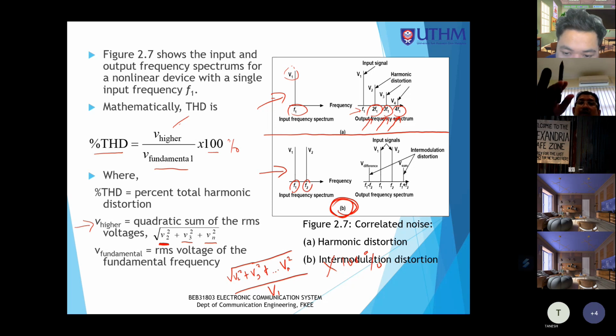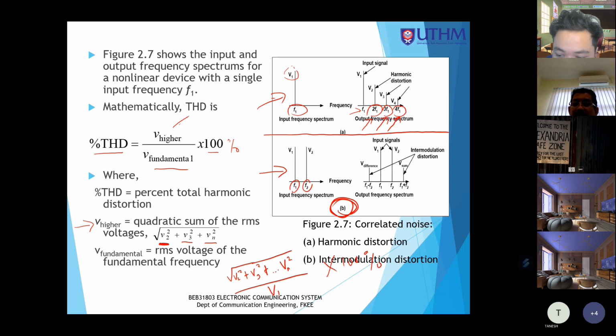So when it goes through the nonlinear amplification in an amplifier device, what happens is that it's going to produce harmonics. The harmonics can exist at the higher frequency and also at the lower side frequencies.